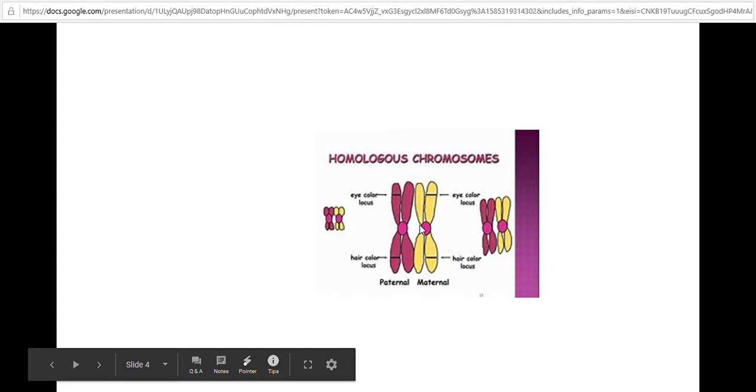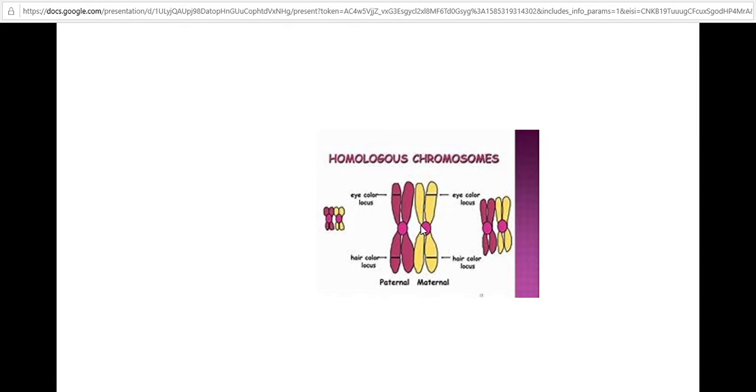Now, they are not genetically identical, meaning they do not have the same genetic information, but they are identical in terms of their length, size, and the positions of their centromeres, as well as their gene loci.